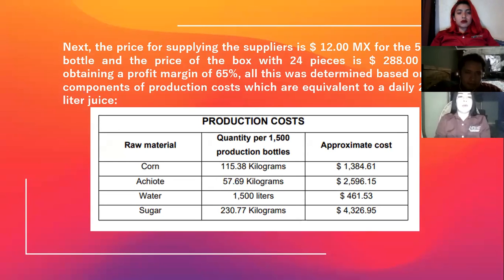Next, the price for supplying the suppliers is 12 pesos for the 500 milliliter bottle, and the price of the box with 24 pieces is 288 pesos, obtaining a profit margin of 65%.